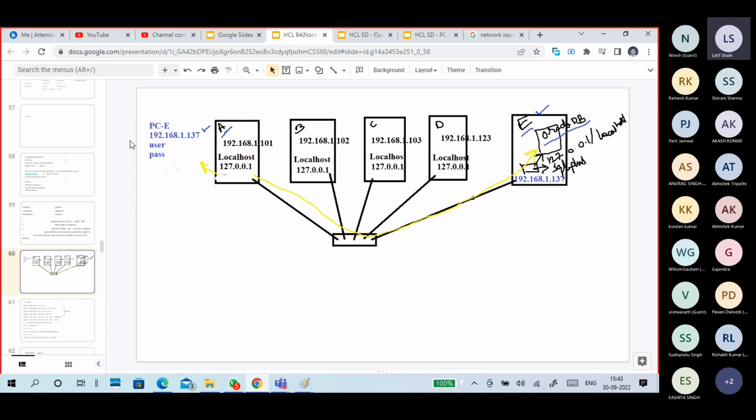The local host IP address is 127.0.0.1. It is called a local host or loopback IP address. We use 127.0.0.1 for self-testing purposes.